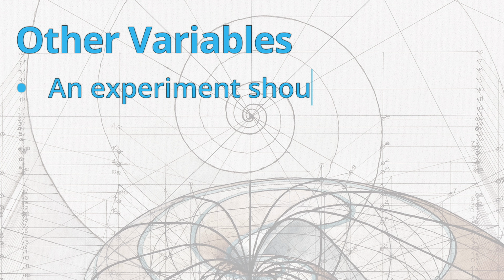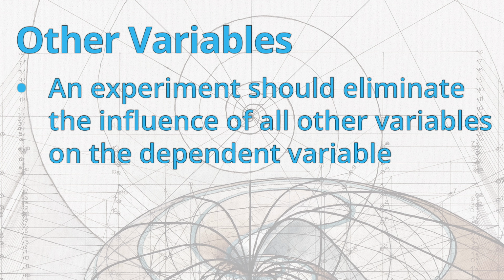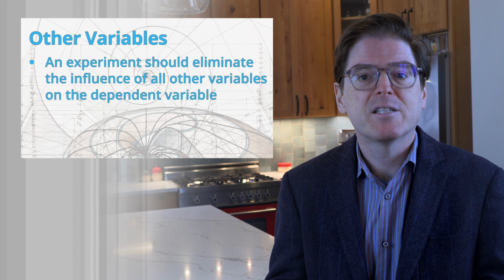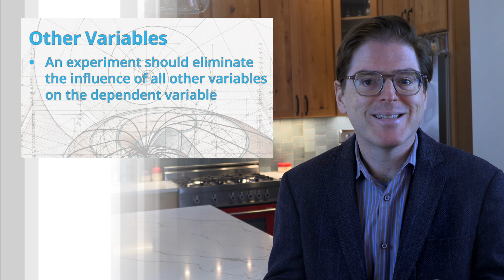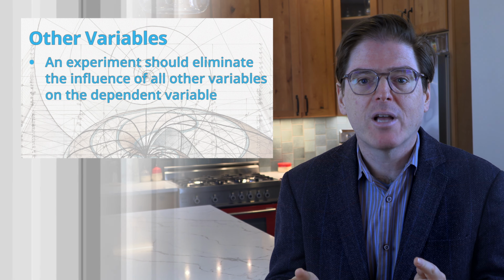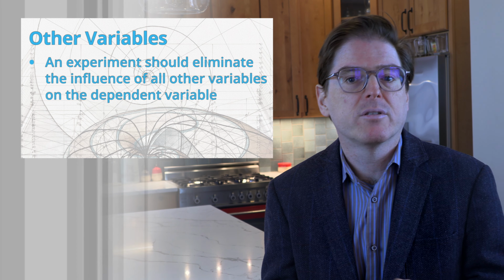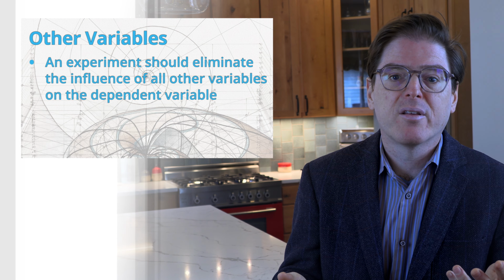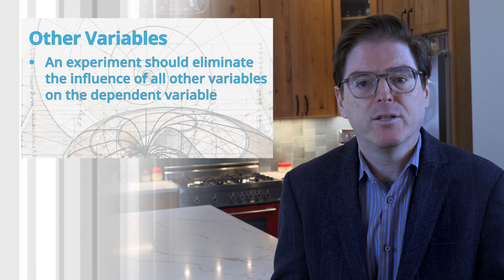In order to be as sure as possible about the relationship between the independent variable and the dependent variable, a well-designed experiment has to eliminate all other potential factors that could influence the value of the dependent variable. For example, in an experiment investigating whether exercise protects against heart disease, many other factors, aside from whether someone is exercising, will impact their chances of heart disease. For example, their diet, whether they smoke, other health conditions like diabetes, or even their age.